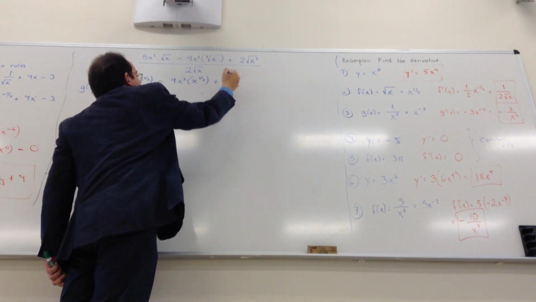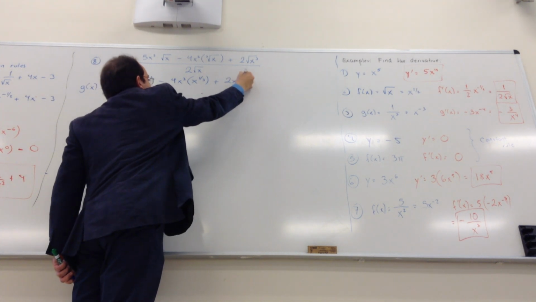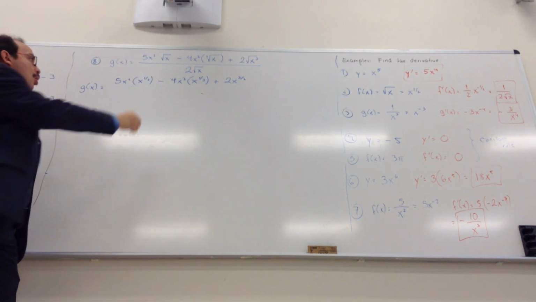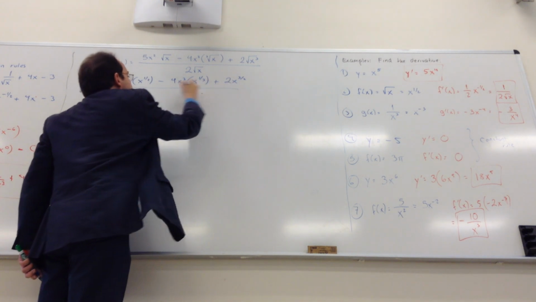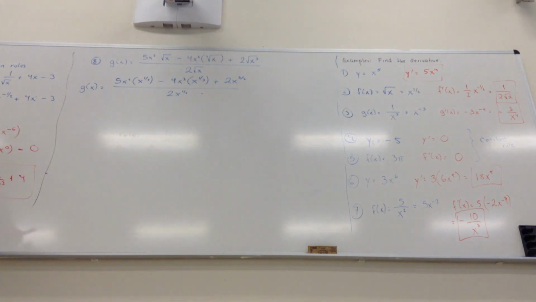Plus 2 times x to the 3/2 over 2x to the 1/2. Okay? Now I just rewrote the powers. We haven't finished because we have products and divisions. So far we haven't seen a rule for divisions, not yet. So I need to get rid of this algebraically.